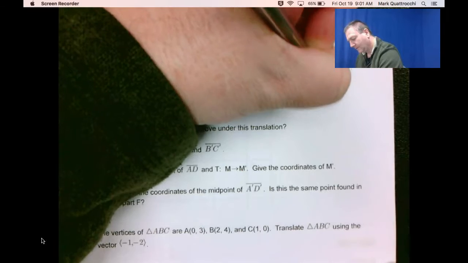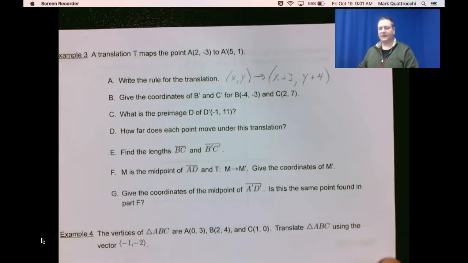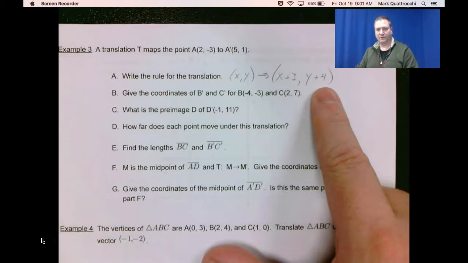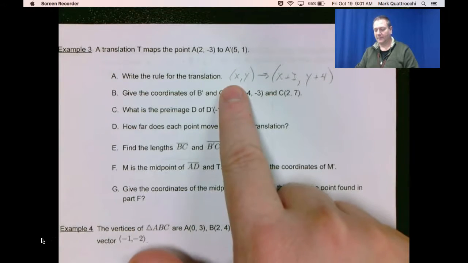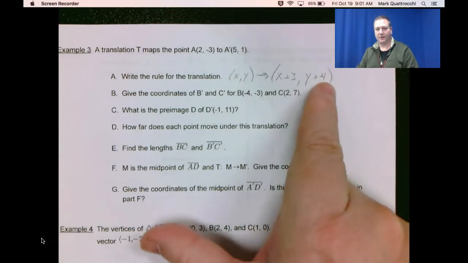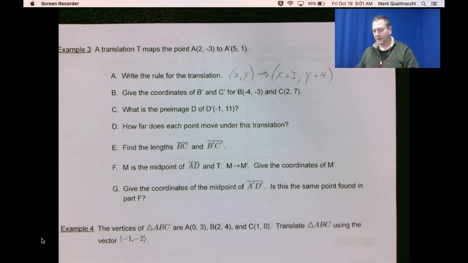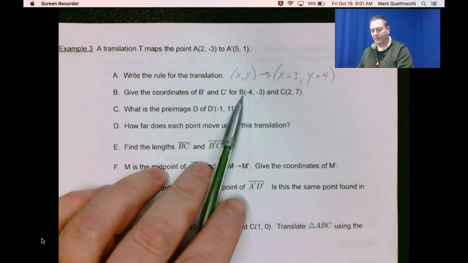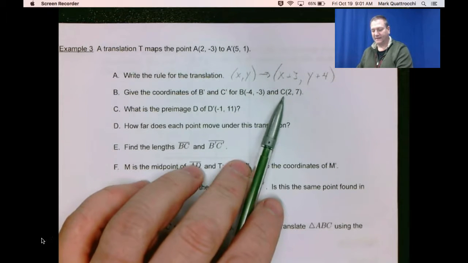We add 4. So instead of vector component notation, this is a different notation for a translation. It's what we call the rule for the translation. What are we doing to the x? We're adding 3. What are we doing to the y? We're adding 4.